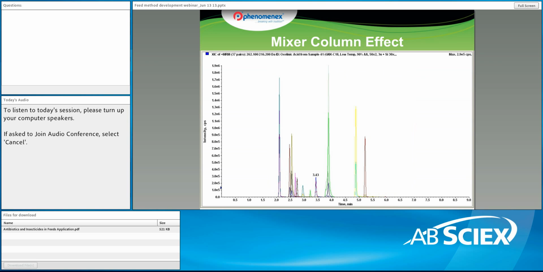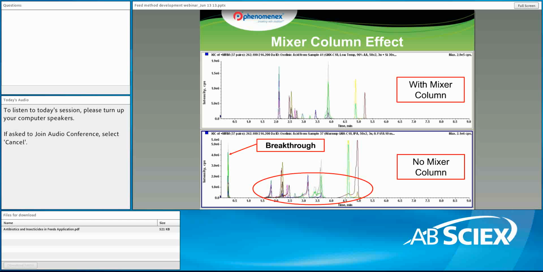So this is what happens when we put that silica column in. The peak shape improved nicely. The breakthrough is gone. To give a better perspective, I'm going to put them together. The trace at the top is with the silica column, and the trace at the bottom is without that mixer column.